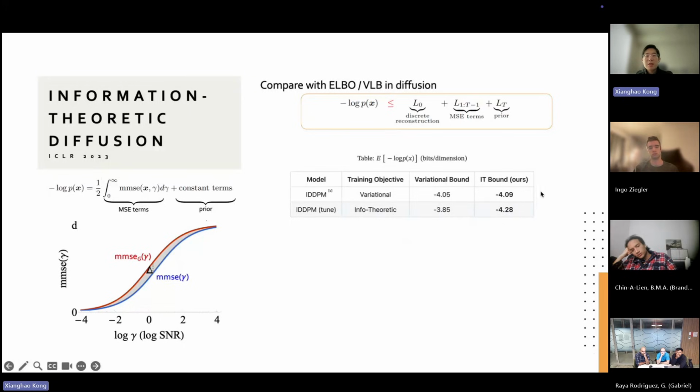Before the fine-tuning, it gives negative 4.09, very close to the original variational bound value. But after fine-tuning, when we use our bound to quantify the negative log likelihood value, it gives a lower value. So that makes sense, right? From these experiments, we can conclude that the information-theoretic bound provides a more precise and faithful evaluation of a model's density estimation capability.